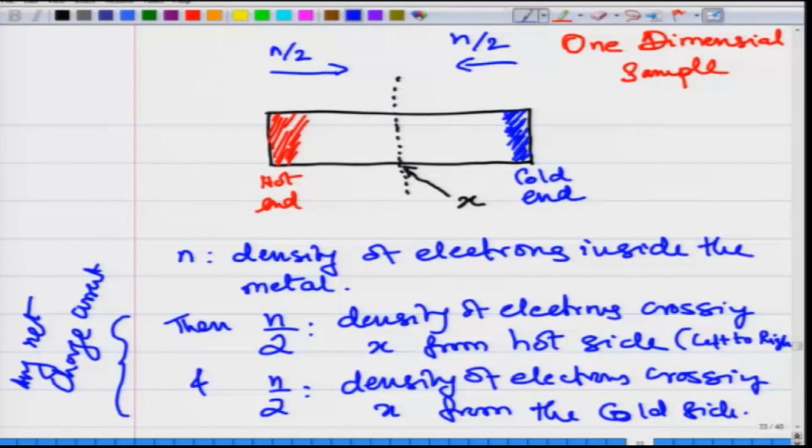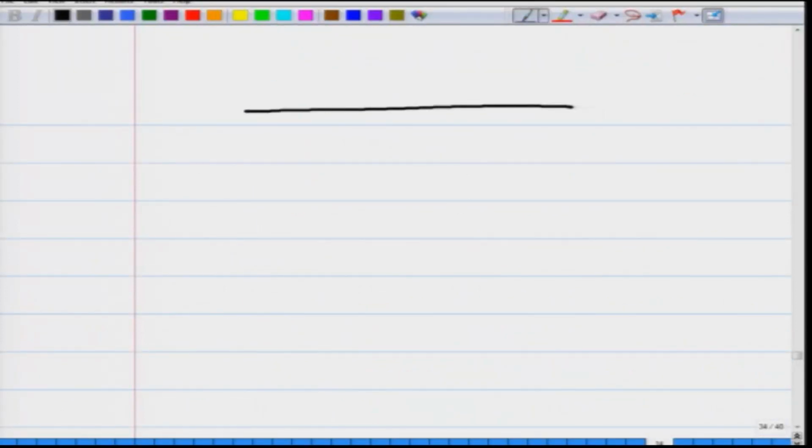Now, with this in mind, let us again go back to our diagram and do the calculation. So, you have your hot end and you have your cold end.